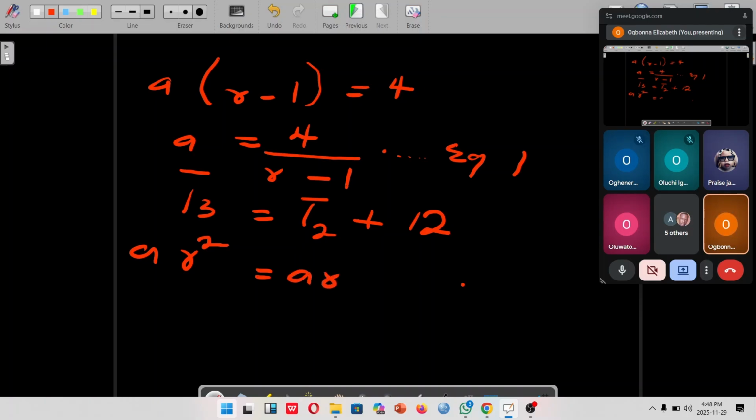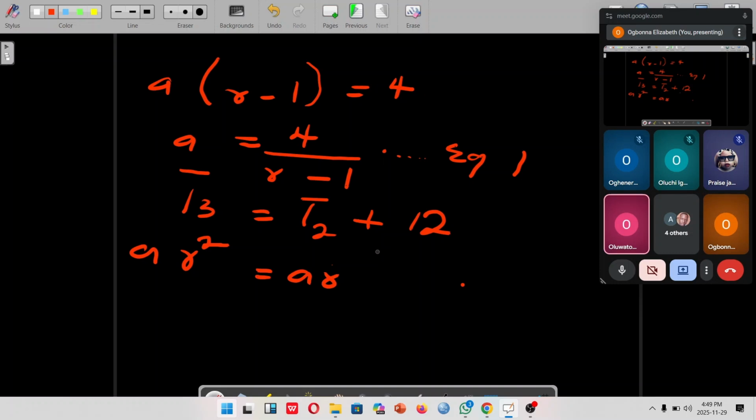Sir, it is still how you got the 2. What's the formula for the nth term for GP? Somebody asked the question. The formula for GP, the nth term: Tn equals A R raised to power n minus 1.